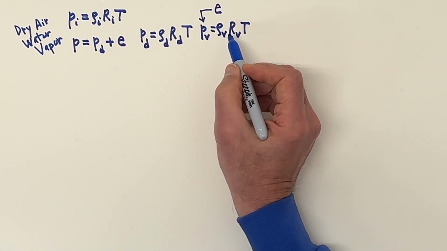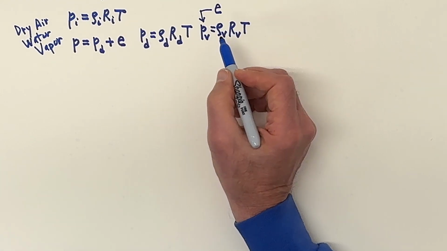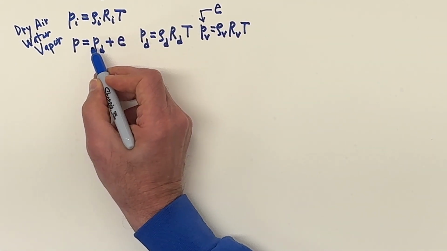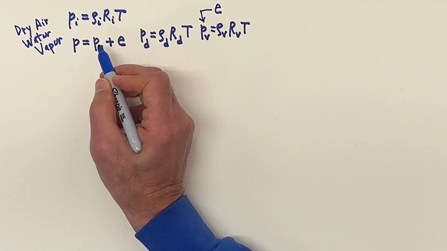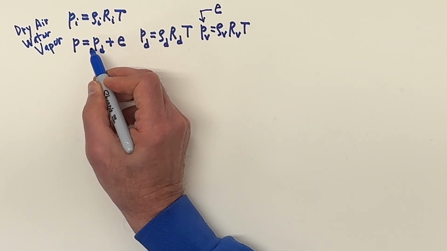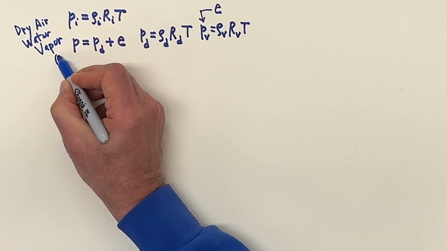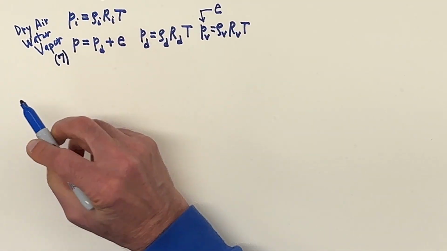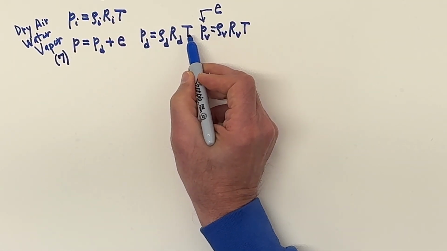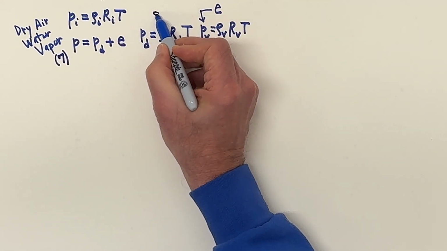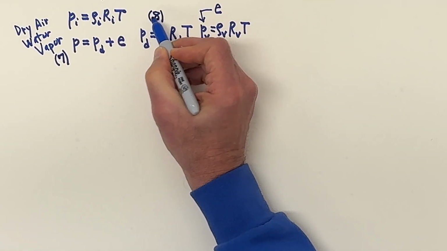So then we have here three equations for our course. We have this equation that gives the total pressure in terms of the dry air pressure and the vapor pressure. That's our equation 7. This equation, which is the ideal gas law for the dry air, is our equation 8.